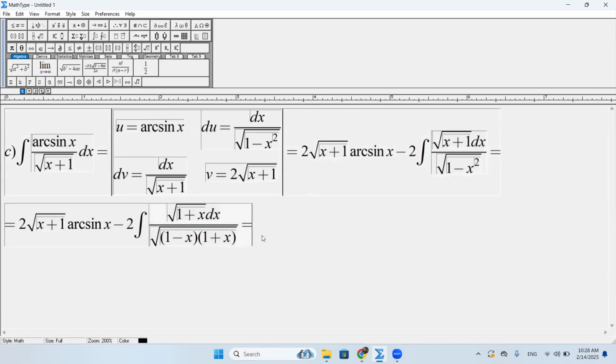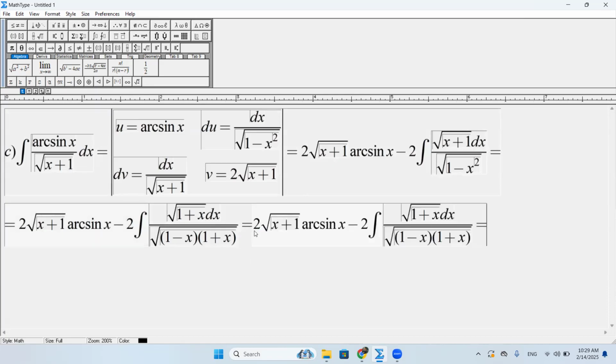Okay, so just to make it simpler, now we can cancel these square roots, 1 plus x. So let's do it.